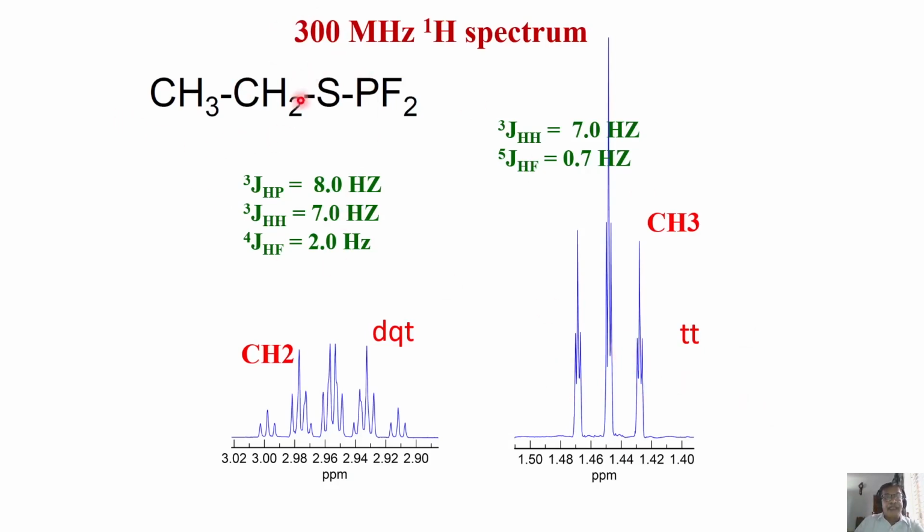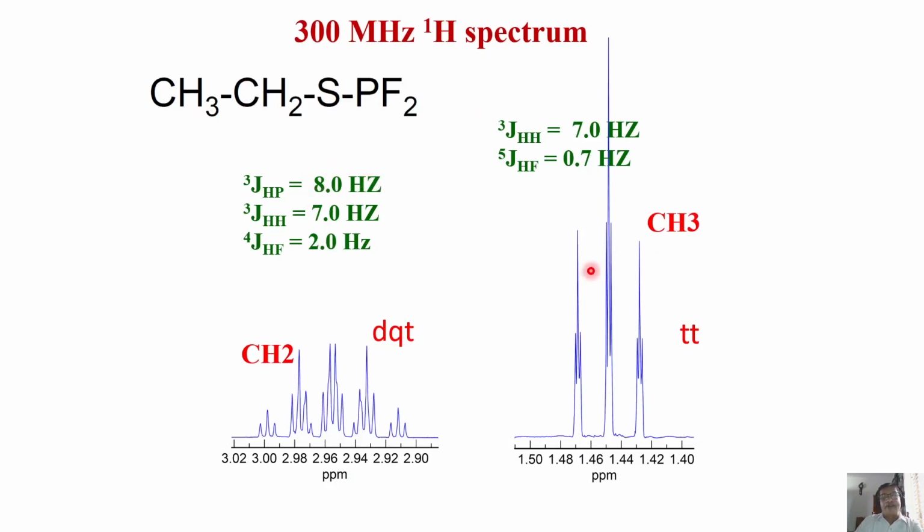Now coming to CH2, it is very interesting. What type of coupling pattern do you expect for CH2? First, CH2 can couple to CH3. It's a quartet, very clear. But it can also couple to phosphorus. It is a 1, 2, 3 bond coupling. It is present. The 3 bond phosphorus-proton coupling is reasonably large, 8 Hz.